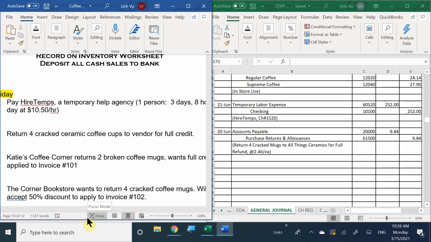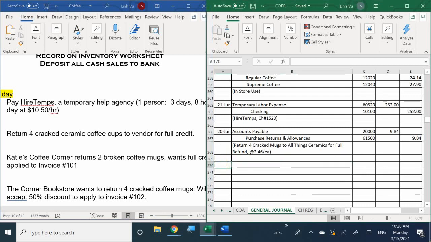So what are we going to be doing here? What's the first thing that we're going to be doing here? Accounts payable? Now who are we dealing with? Katie's Corner. We are dealing with Katie's Corner. Who is that?